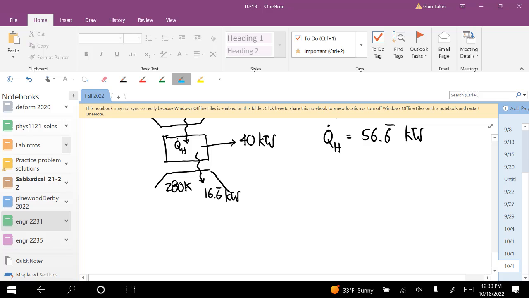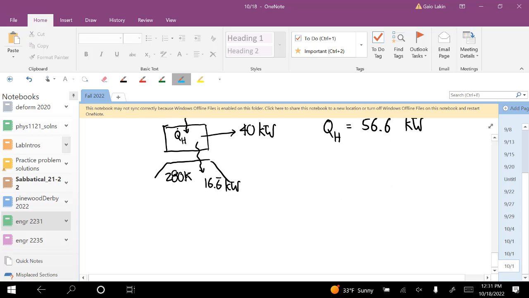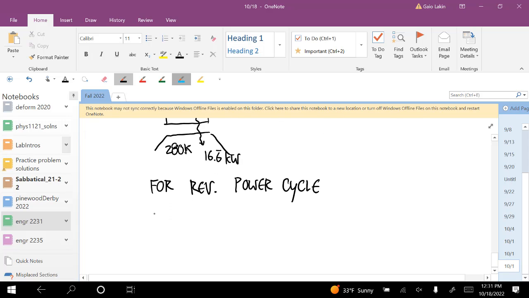And now it's asking for the minimum theoretical value of T. Well, remember that for a reversible ideal power cycle, one minus QC over QH is equal to 1 minus TC over TH.